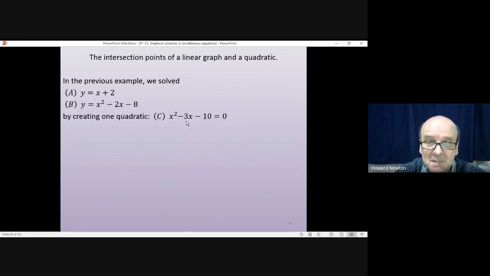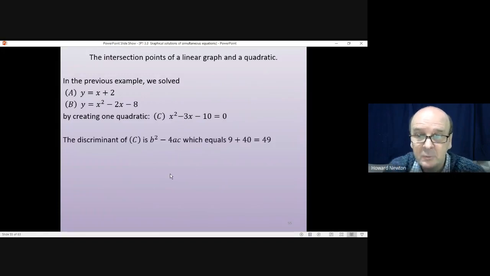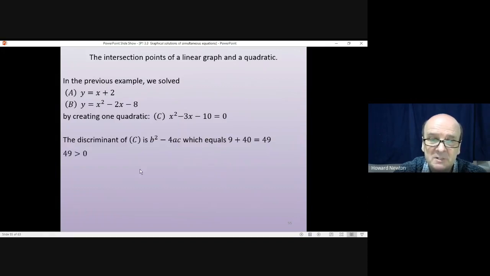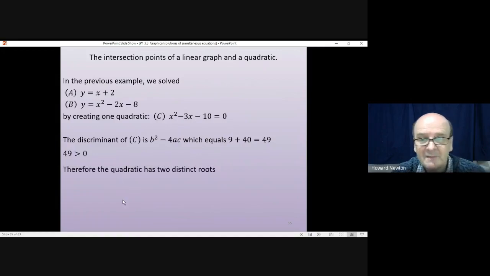The discriminant is b squared minus 4ac, which will be 9 plus 40, which gives us 49. The only thing which is significant about that number is that it's positive. It's greater than 0. And if 49 is greater than 0, what that would mean about this quadratic is that it would have two distinct roots.